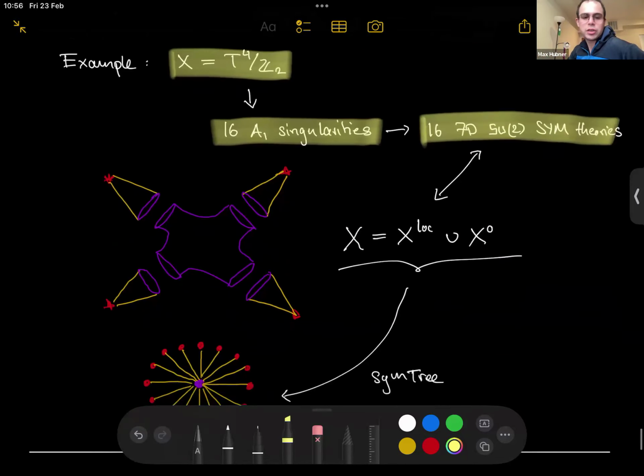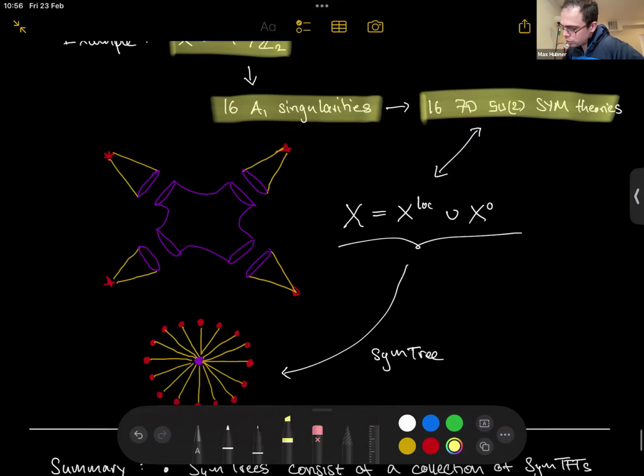And then very similar decompositions of this compact space are going to give me SymTFTs which characterize the symmetries of these 16 theories as I glue them together into the compact geometry.